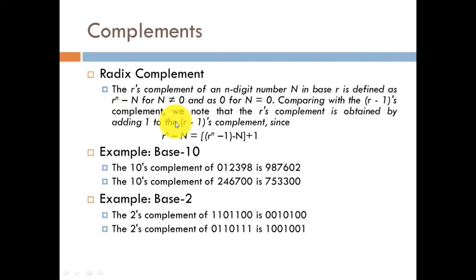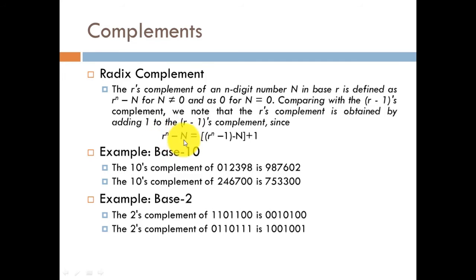For complements, we know that the r's complement is obtained by adding 1 to the r minus 1's complement. So this is one of the important points. Suppose you know the r minus 1's complement and you need to calculate its r's complement, then you simply add a single 1 and you will get the value of the r's complement. Since the r's complement is written as r to the power n minus N, this is how we evaluate it.